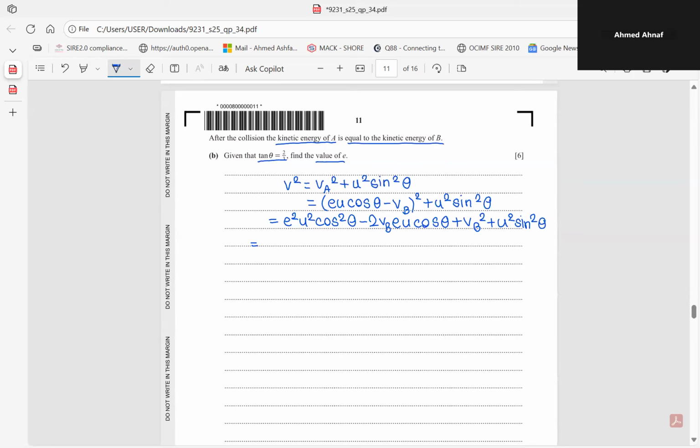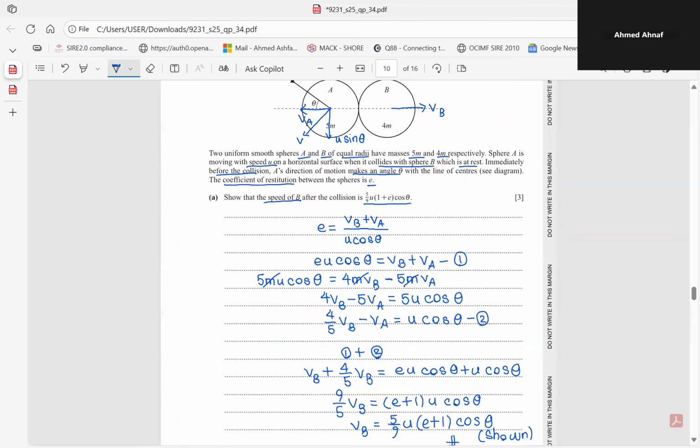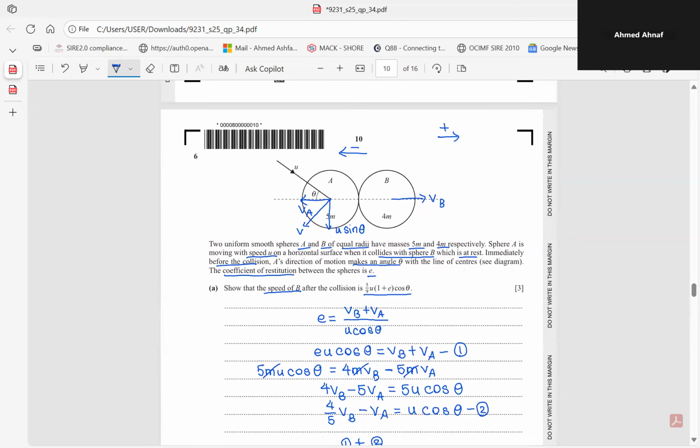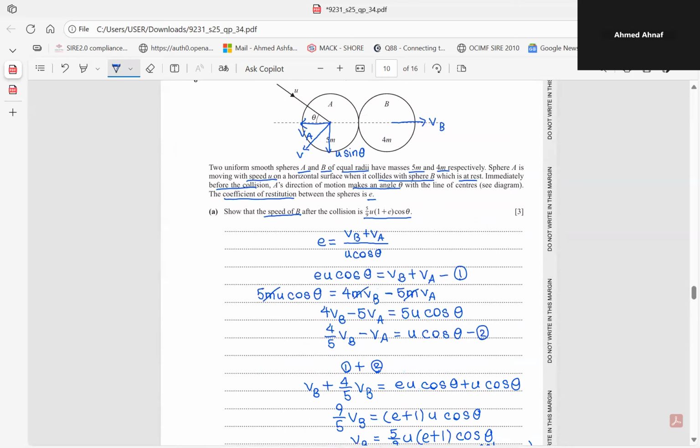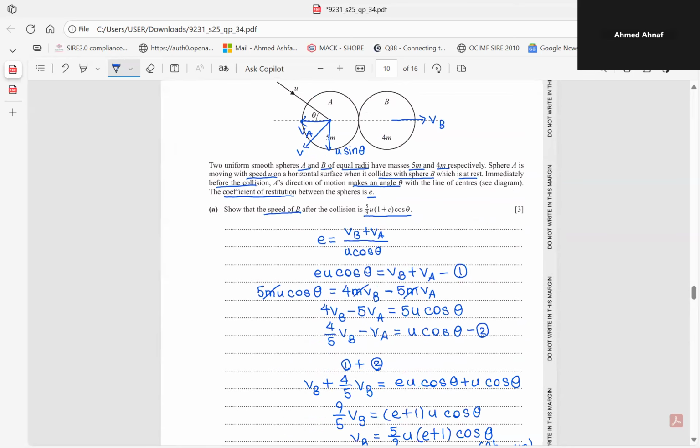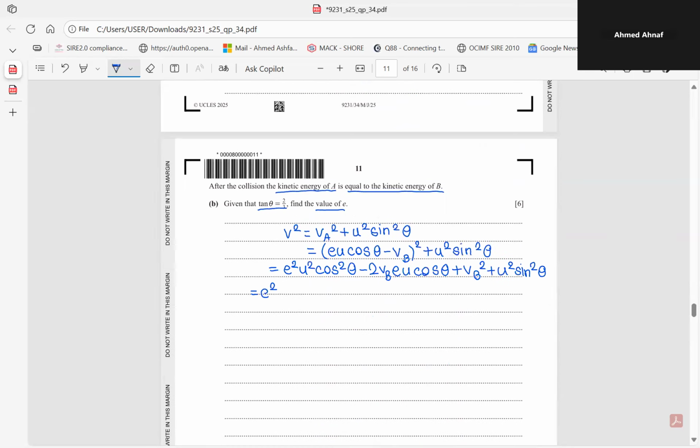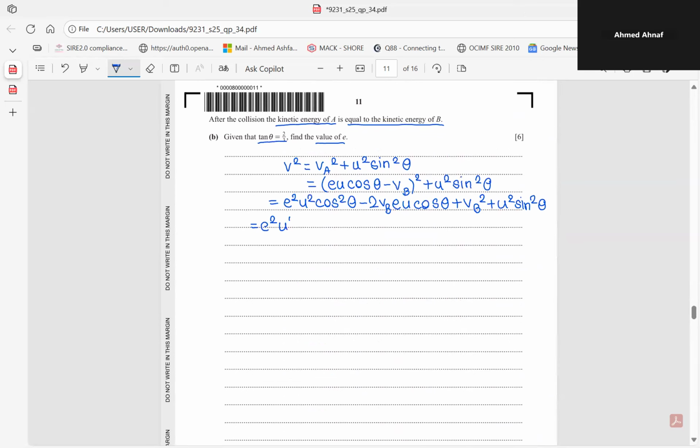We don't know what u squared is, so we just leave it alone. Cos squared, let's also leave that alone.